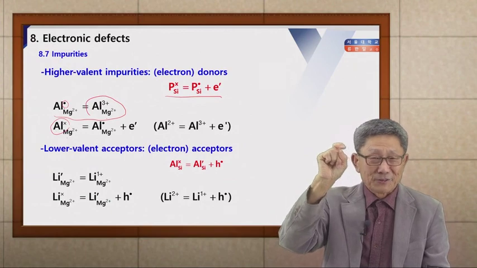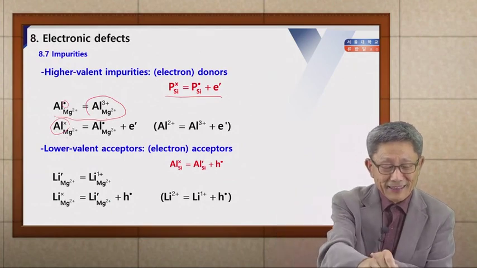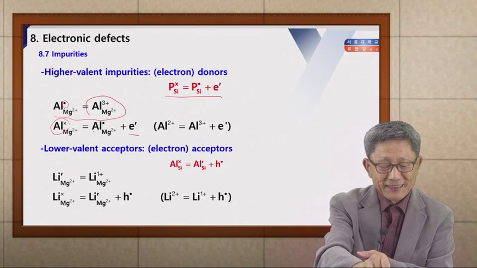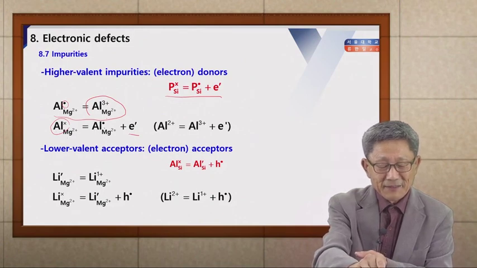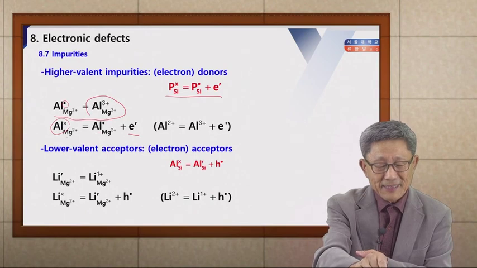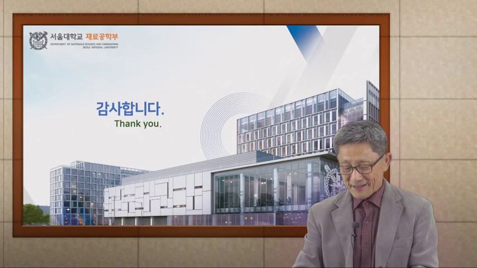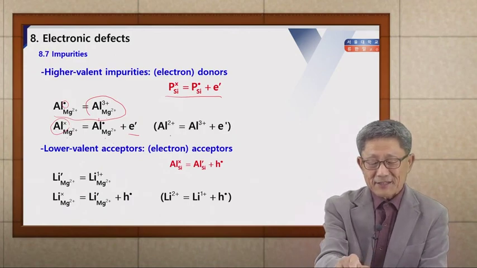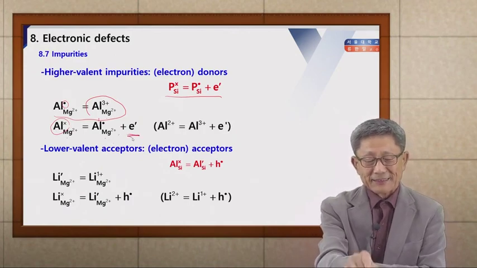I don't like to keep it. Then it donates the electron. By doing that, the aluminum itself makes the trivalent aluminum ion on the Mg site. Okay? So therefore, higher valent impurities always tend to make donors.